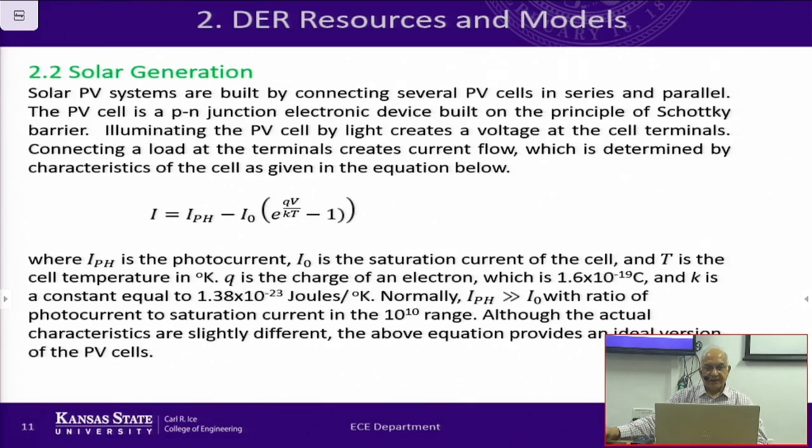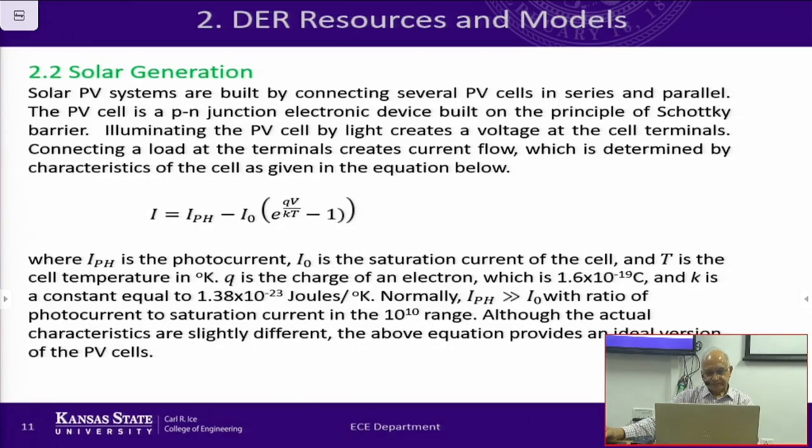And I_PH is extremely small compared to I_0, in a ratio of photocurrent to saturation current in the 10 to the power 10 range. So this is a standard model that people use for determining the output of a solar panel.